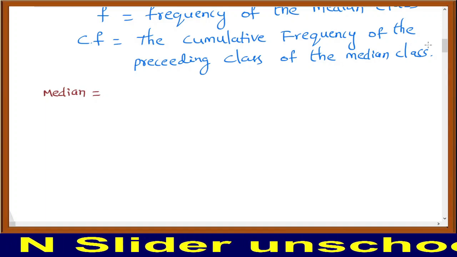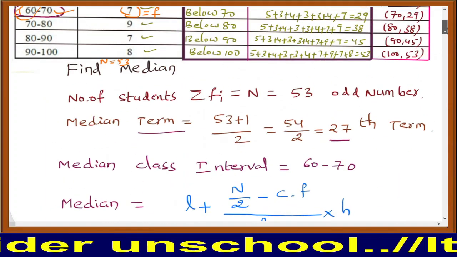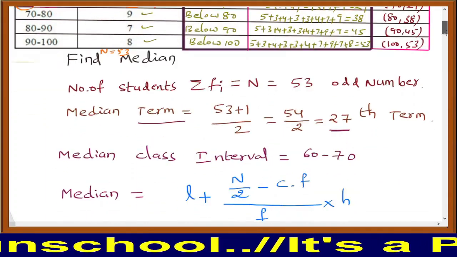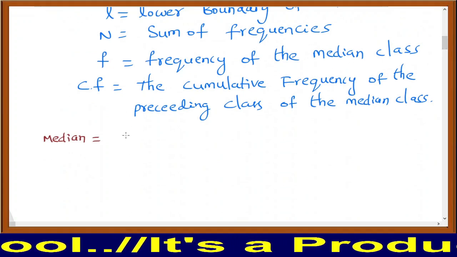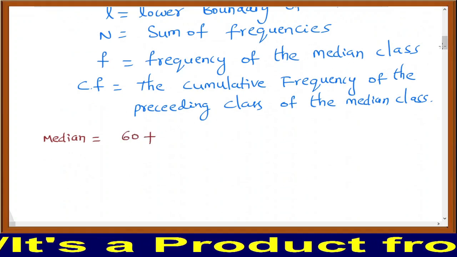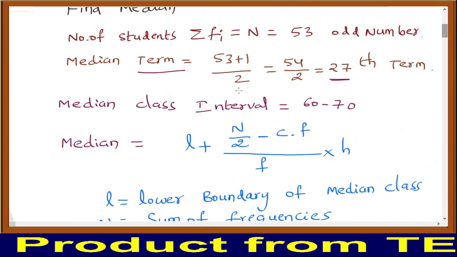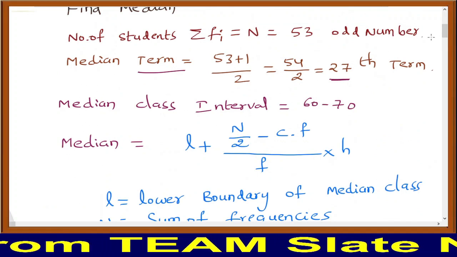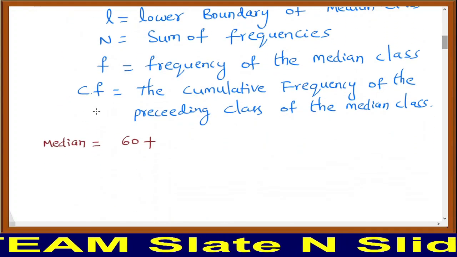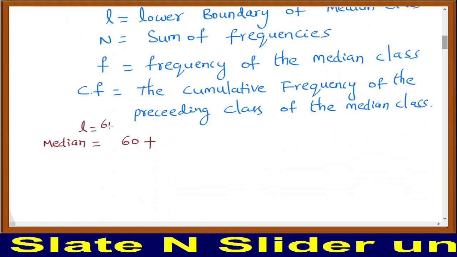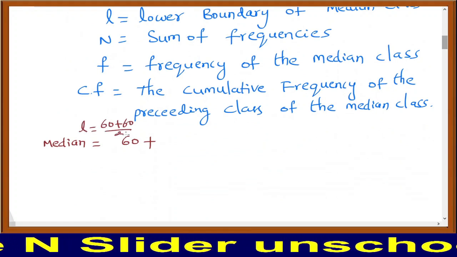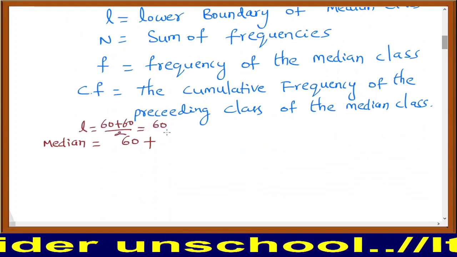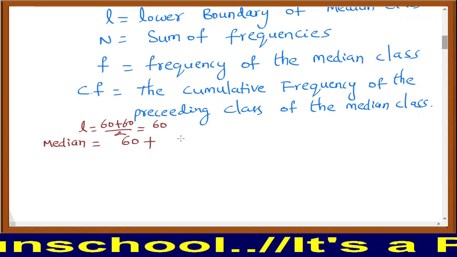L. What is L? Here itself you have to write what L is. So, L is equal to 60, plus n by 2.